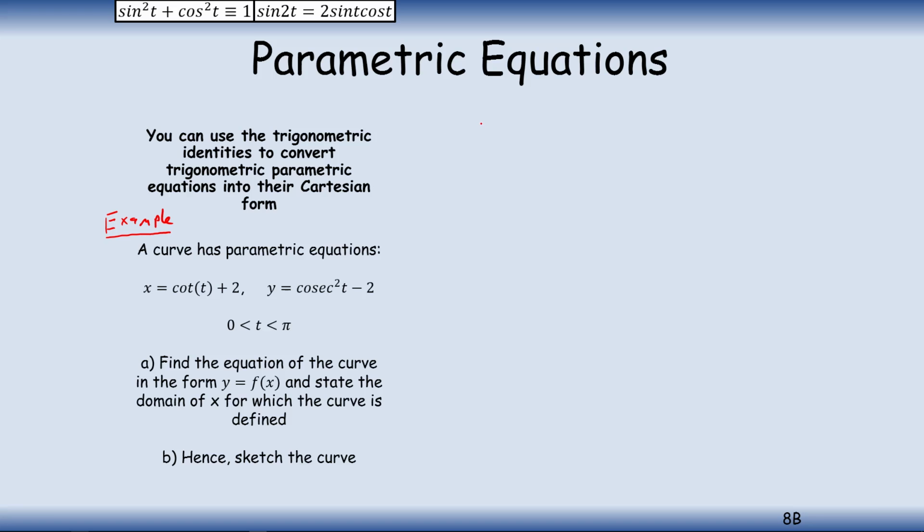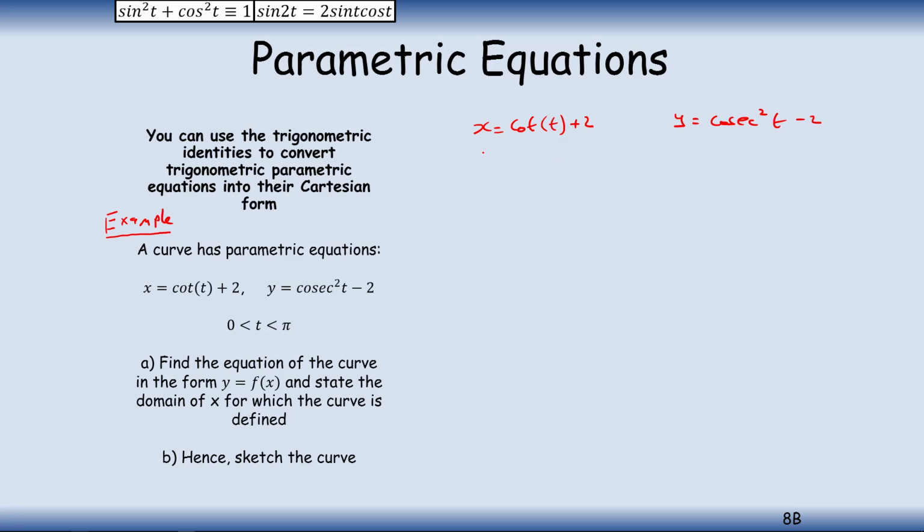So we've got x equals cot t plus 2. We'll put a t in brackets because it's confusing with cot. And then y is equal to cosec squared of t minus 2.